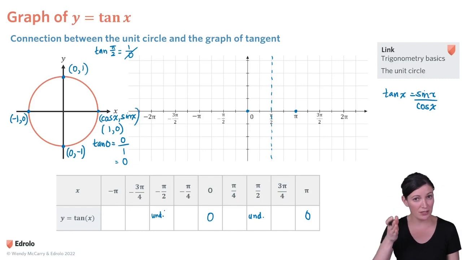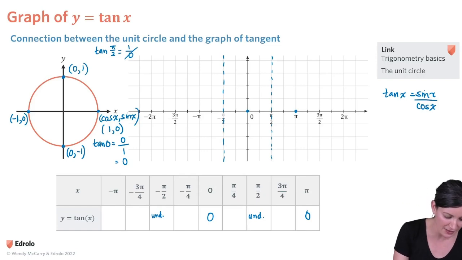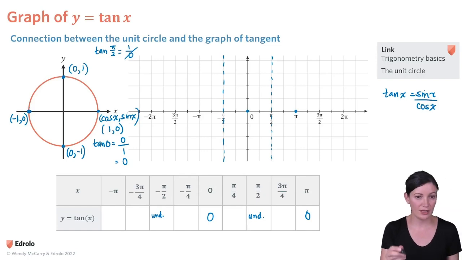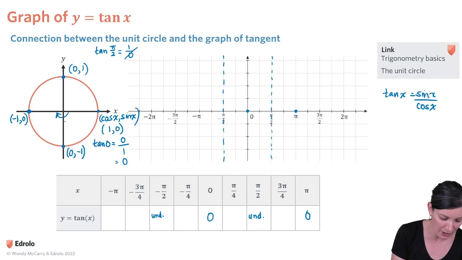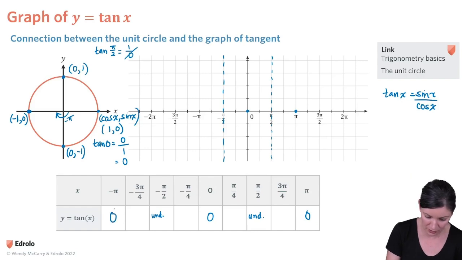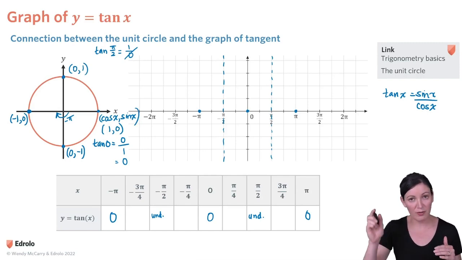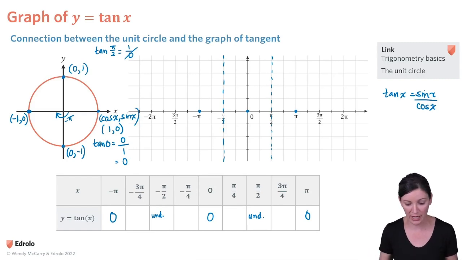So again, I'm going to have another asymptote at negative pi on 2. And if I keep going to negative pi, that's this angle here. That would be negative pi, so that's also going to be 0. It's the same as tan of pi, so that's 0 as well. So I get this here. So I've got a couple of points, and I've got a couple of asymptotes, and if we keep going around and around the unit circle, we're going to follow the same sort of pattern.